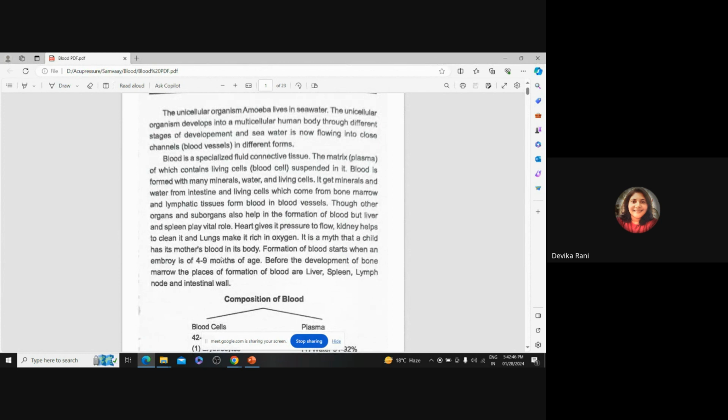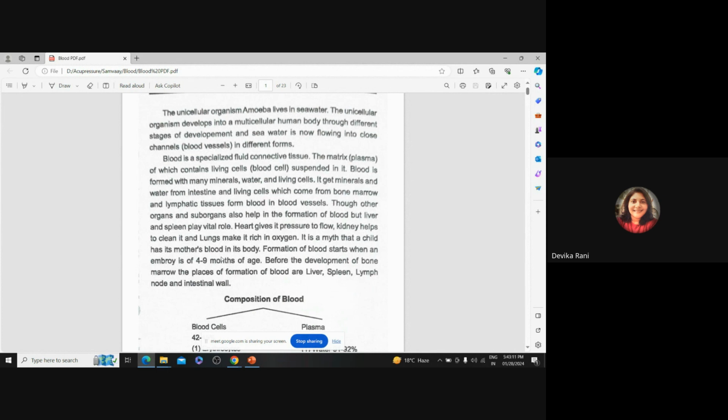The formation of blood is not only after birth, it actually starts in the fetus, in the embryo, from 4 to 9 months. Before the development of blood in the bone marrow, the places of formation of blood are the liver, spleen, lymph node, and intestinal wall.